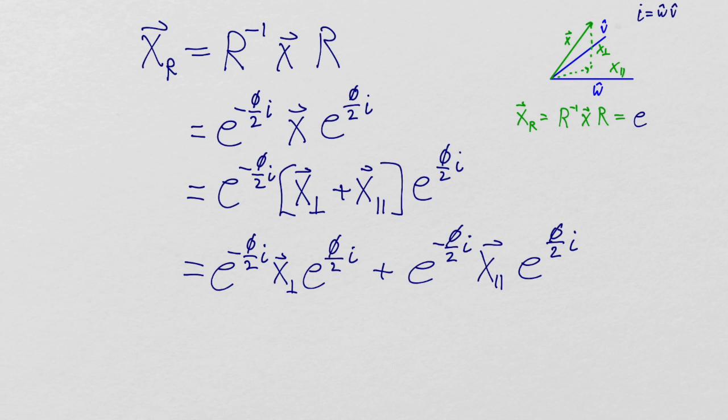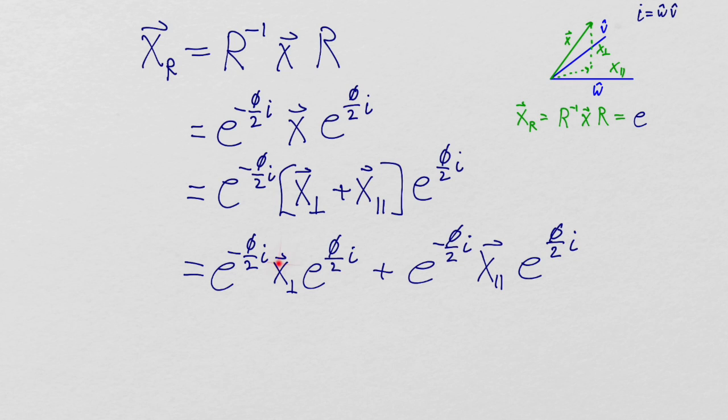But you'll remember in the last lesson, we studied the commutation of these two things. We studied how a vector that's perpendicular to I will commute with an exponential, and a vector that's parallel to I will not.